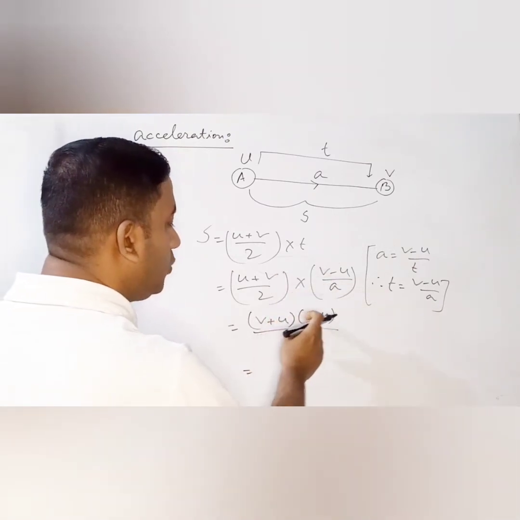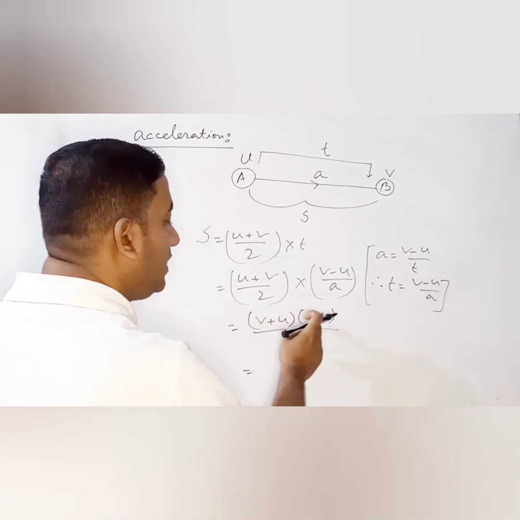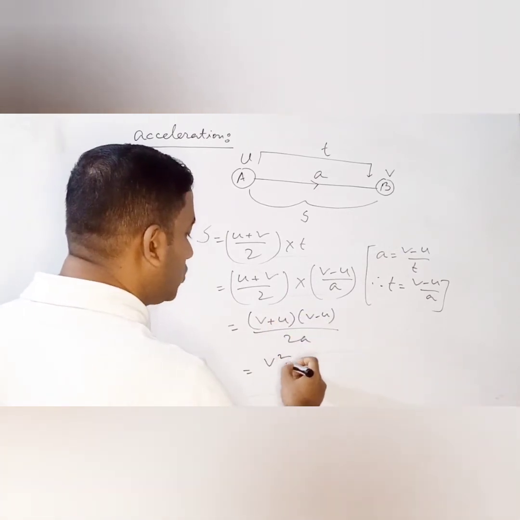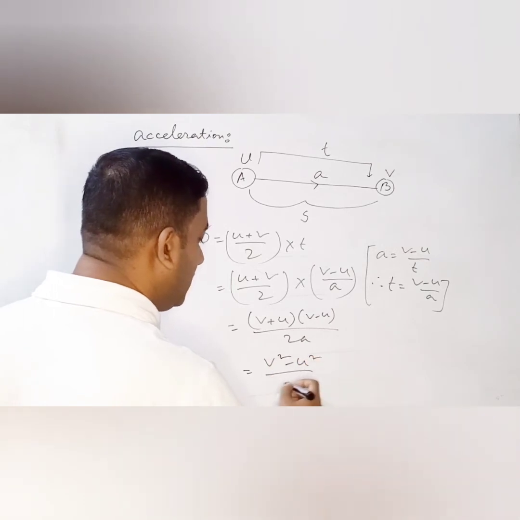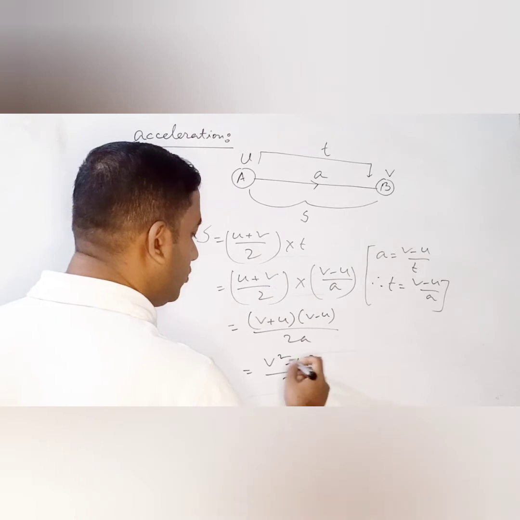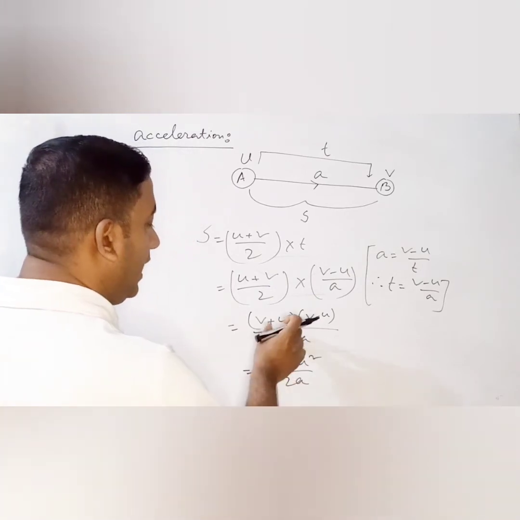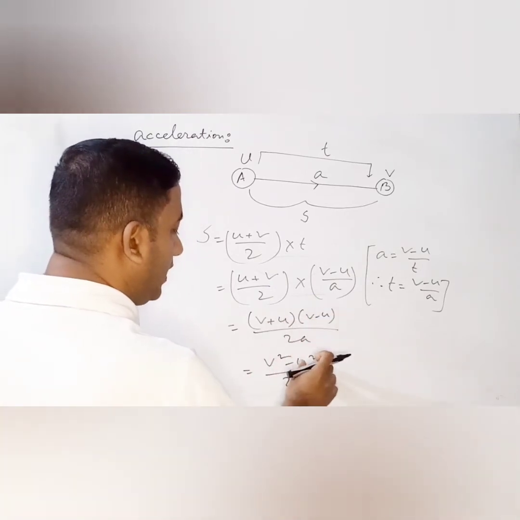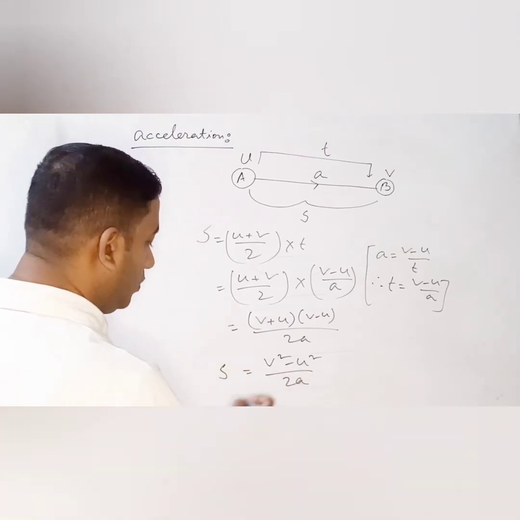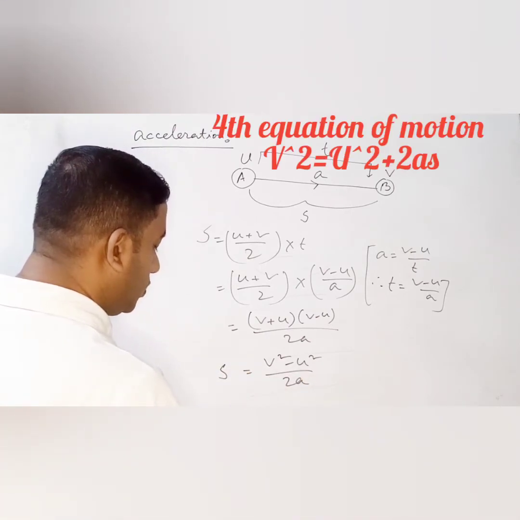So v plus u, v minus u, it will be a plus b into a minus b, like that. So we may write here a square minus b square. The algebraic formula, v square minus u square divided by twice a, a plus b, a minus b, a square minus b square. So a is equals to v square minus u square divided by twice a.